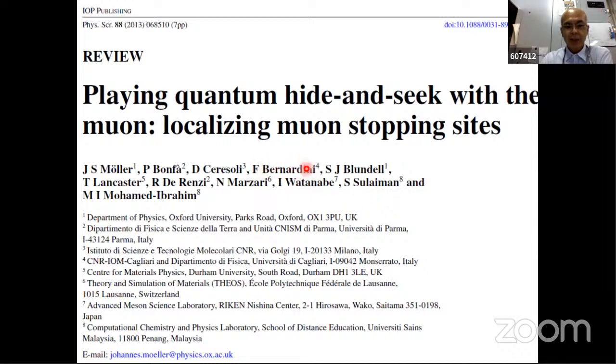Bernardini suggested the zero-point vibration motion. Mueller is an Oxford University student, but he has been at the bank area at this moment. Steve Brander is a top-class professor at Oxford University, leading the muon site calculation activity in the UK. Drenzi is also a professional in muSR and muon site calculation in Italy.